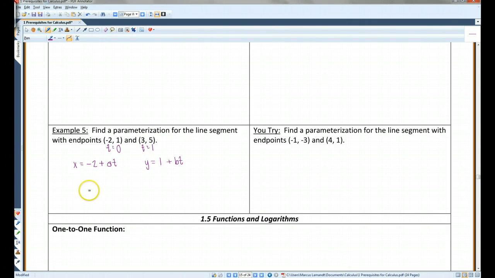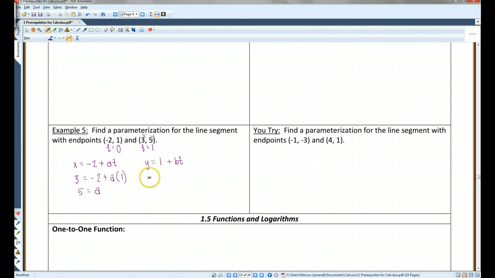So what I'm going to do here, if this is what it is when t equals 1, I'm going to plug in x and y and my t. So I've got 3 equals negative 2 plus a times 1, and I'm going to solve for a. So add 2 to both sides, you end up with a equals 5. Same thing over here.